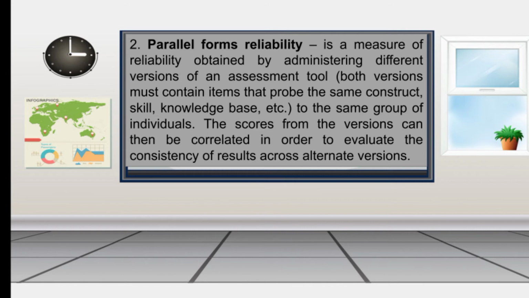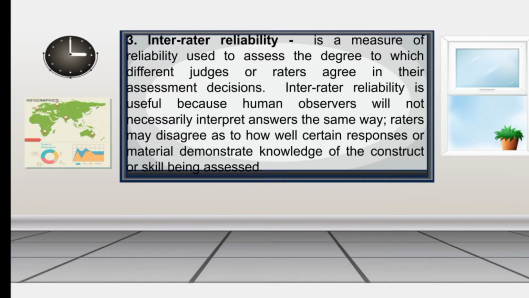For example, if you wanted to evaluate the reliability of a critical thinking assessment, you might create a large set of items that all pertain to critical thinking, and then randomly split the questions up into two sets, which would represent the parallel forms.